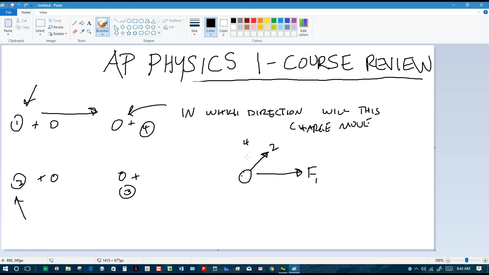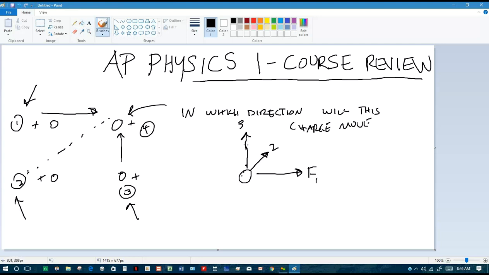Well, charge 2 is also going to push him, but the magnitude wouldn't be quite as long because this one is further away. That hypotenuse is longer between them than the distance between 1 and 4. And then which way will he go due to charge 3? Charge 3 is going to push him upward, so this will go up. That's the force from charge 3.